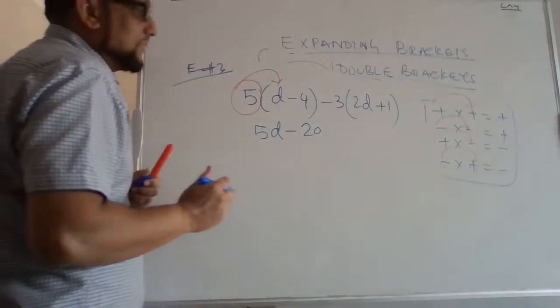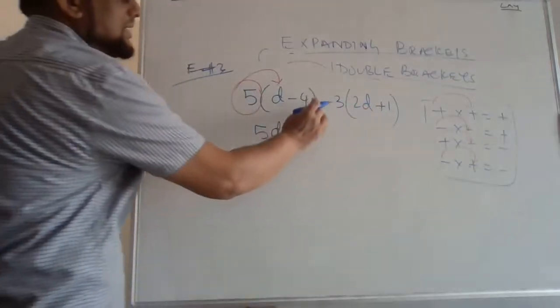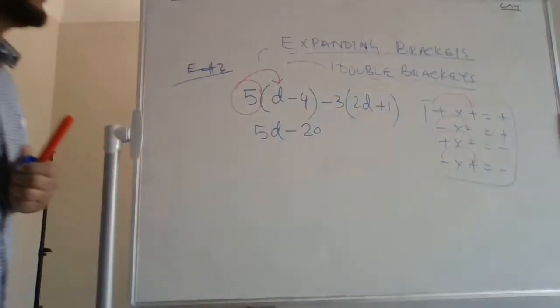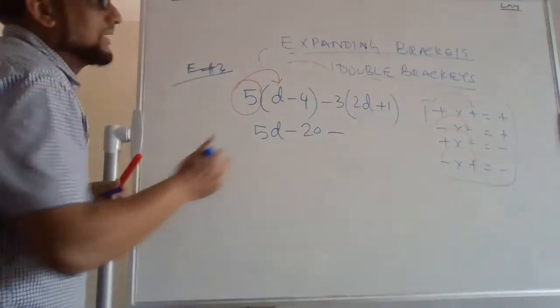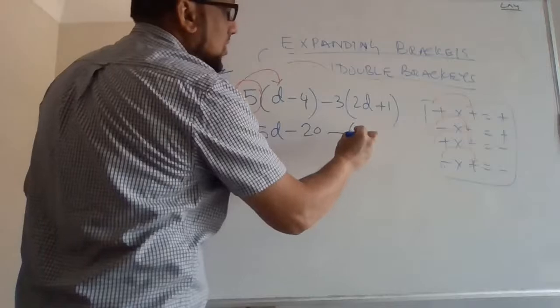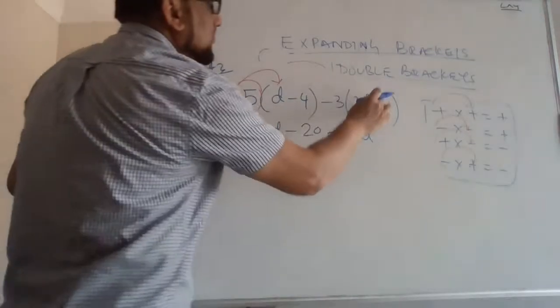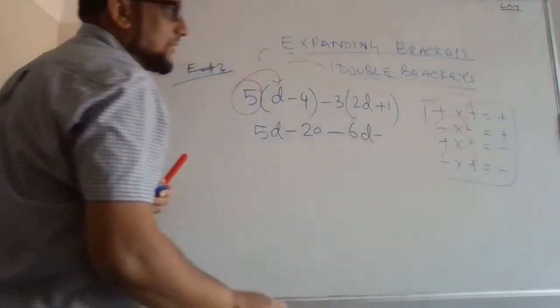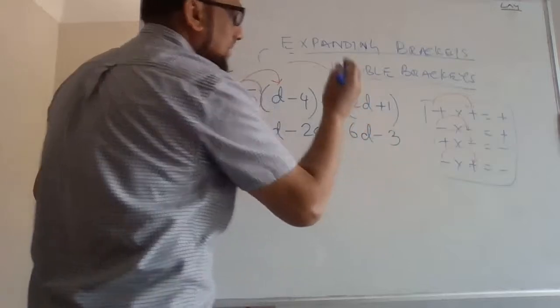And the next step is this minus times 2d. It has a hidden sign which is positive, so minus plus is minus, and 3 times 2 is 6, so 6d. And this minus times with plus, which is minus, and 3 times 1 is 3.